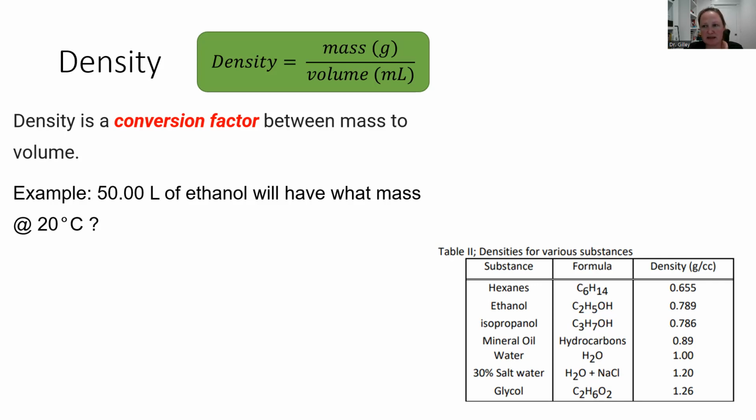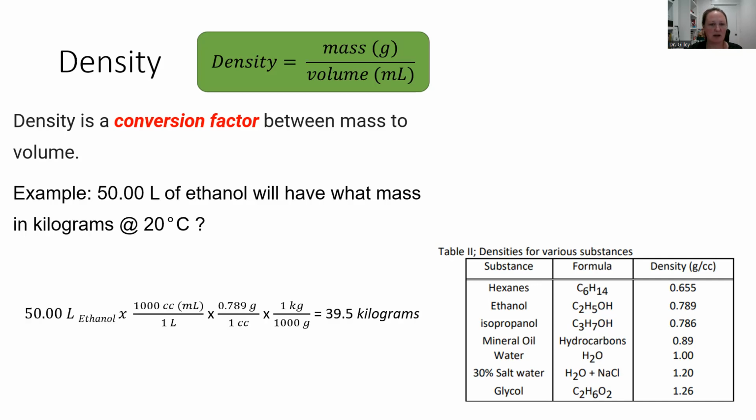Then we'll be able to use the density to get to grams, right? And it would actually be useful to report the answer in kilograms for the mass, just because it's a rather large volume of ethanol. 50 liters is quite a bit of ethanol, so it's going to be a ton of grams. It might be a more reasonable number to just go ahead and report it in kilograms.